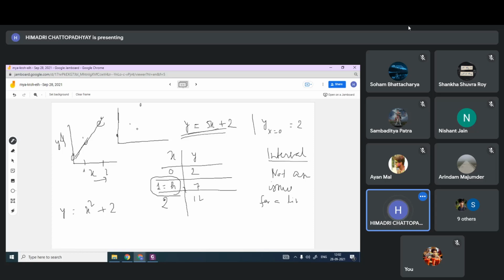If you join them, it is not a proper parabola. But if you calculate with a small h, 1 point here, 1 point here, 1 point here, 1 point here, then you join the segments, it will look a much better match, because here it is not linear. So for linear, this interval does not matter.